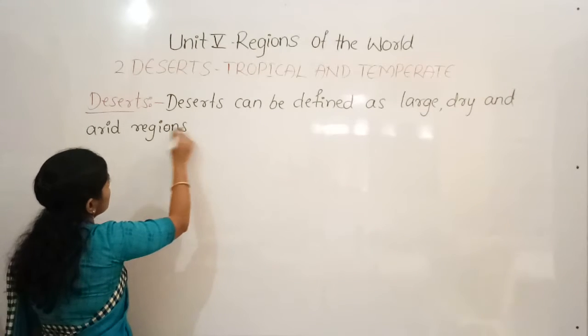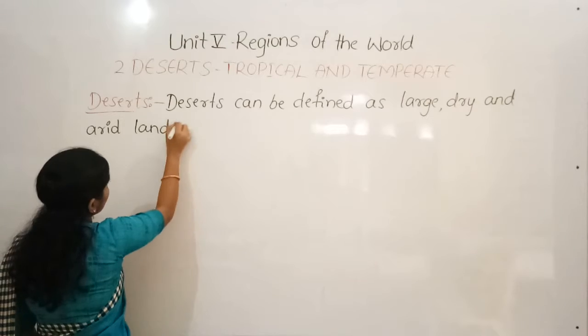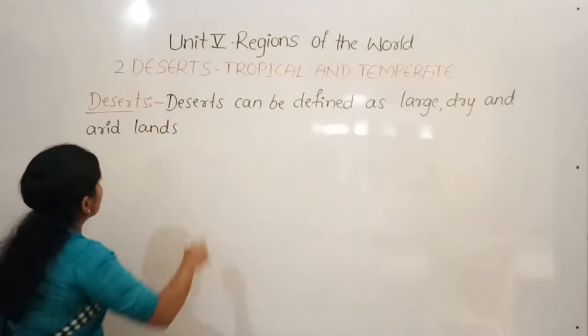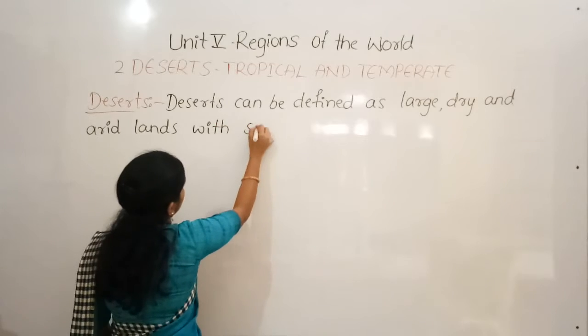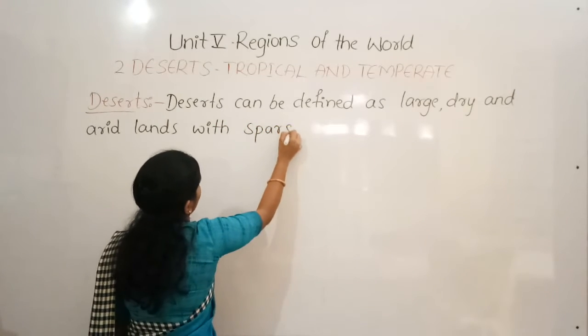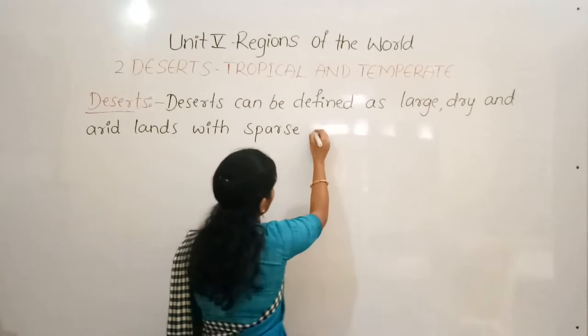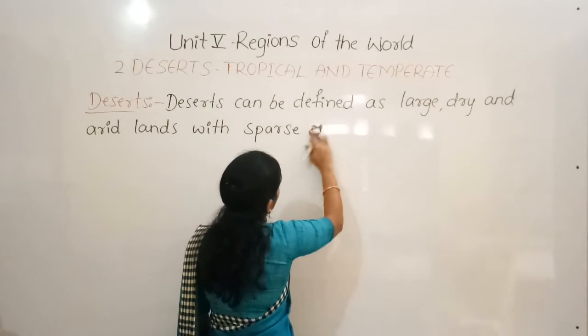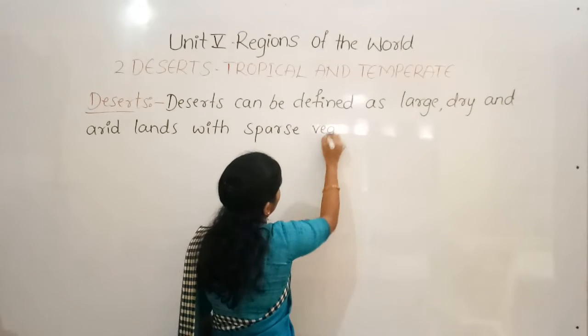We can also call them arid lands. Sparse means very poor vegetation, so the growth of plants there will be very low. So we call it sparse vegetation.